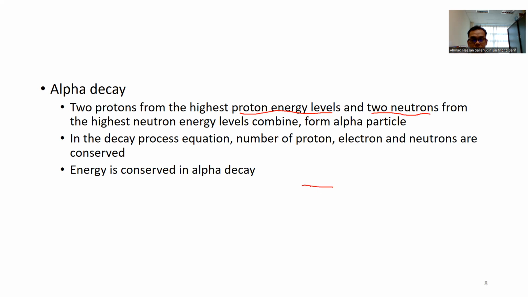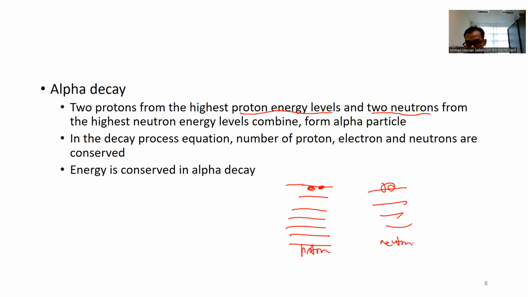In the shell model, two at the highest for proton and two at the highest for neutron will be kicked out. It will form helium and be kicked out from the nucleus.